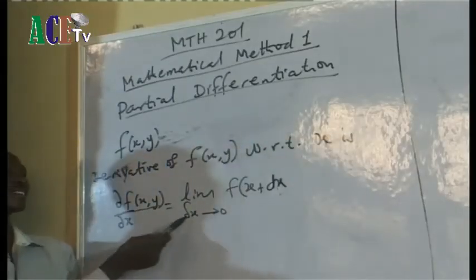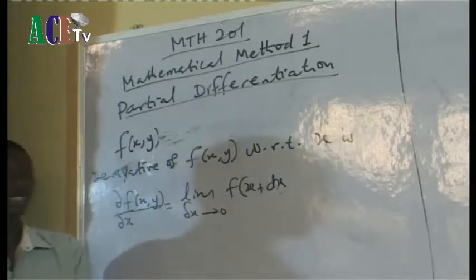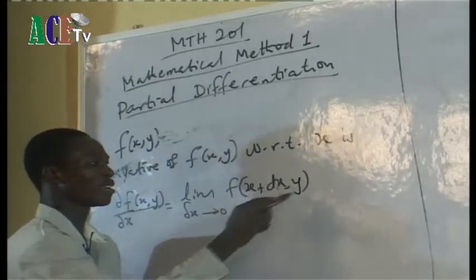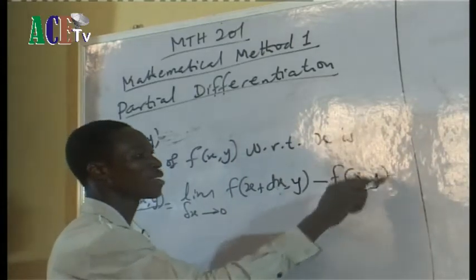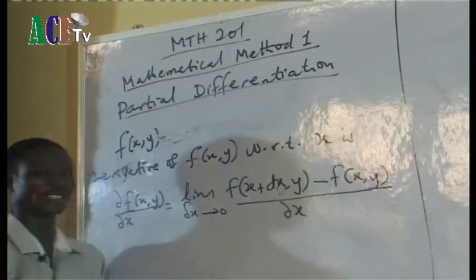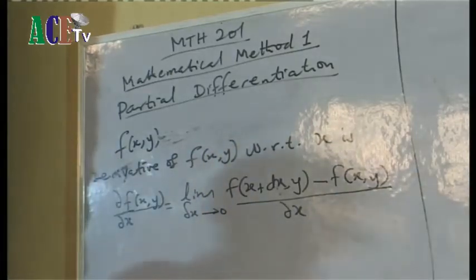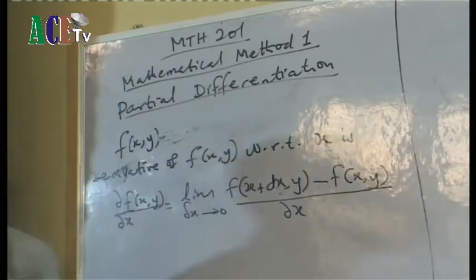Don't forget, as delta x tends to 0, this one partial will change to total derivative, comma y, minus f of x comma y, everything upon delta x. That is the derivative of this function with respect to x. It will give me this one.